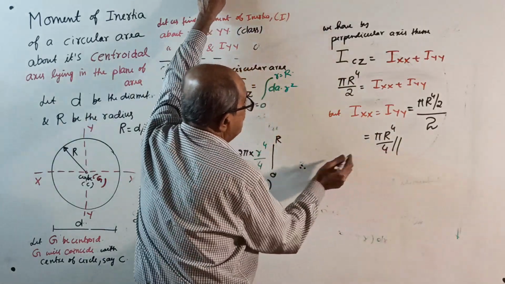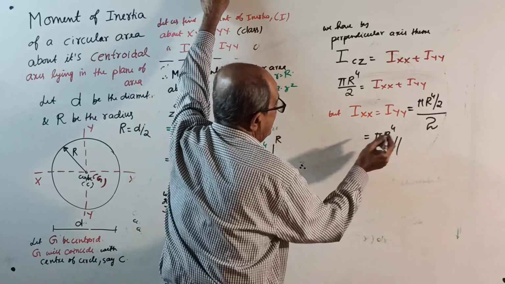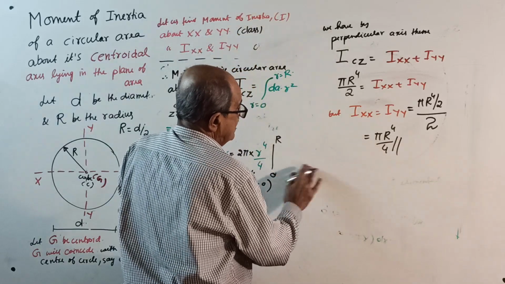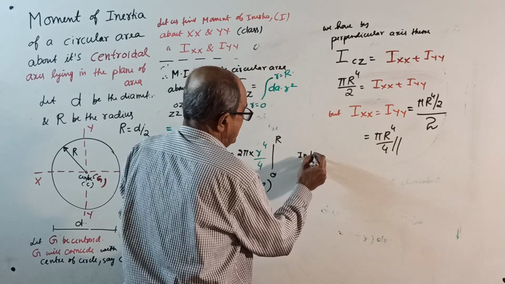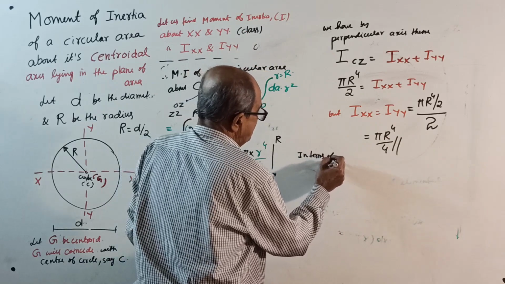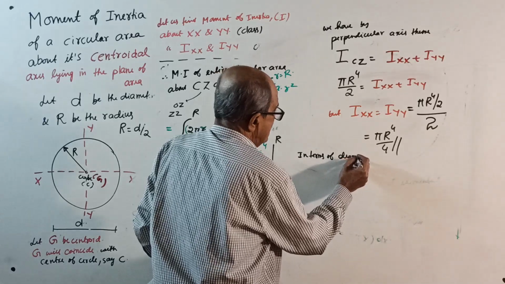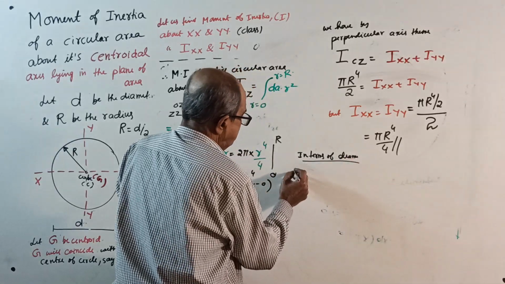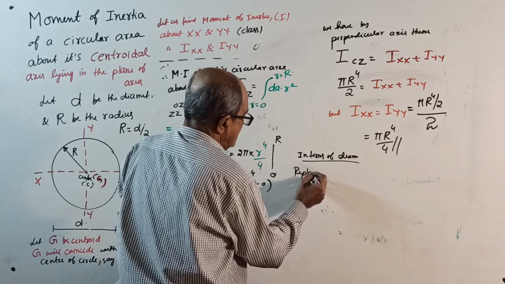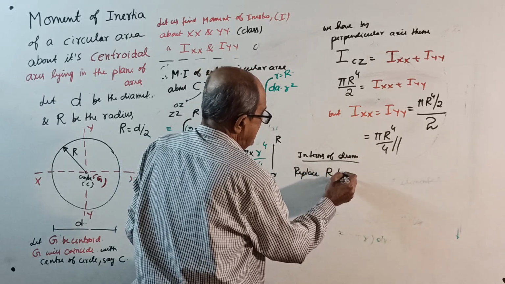Therefore, I about xx equals I_yy equals pi r power 4 by 4. Now, in terms of diameter, what to do? Replace r by d by 2.